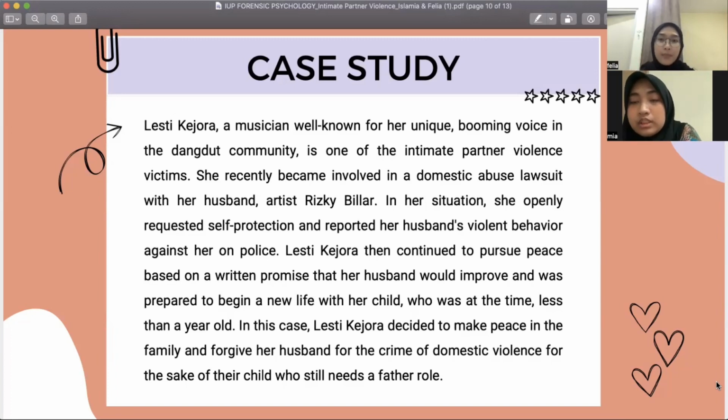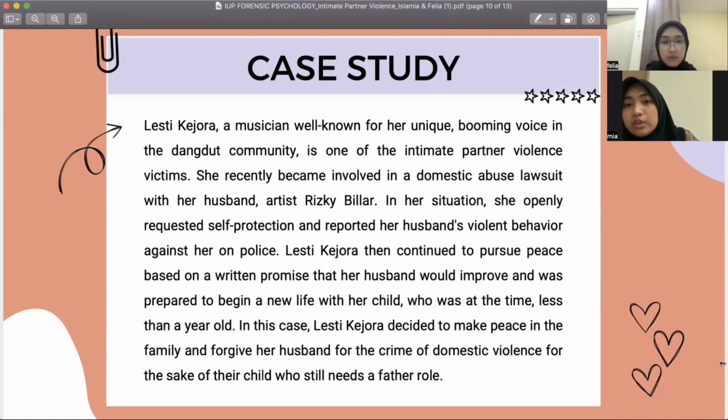In her situation, she openly requested self-protection and reported her husband's violent behavior against her at the police station. Lesti Kejora then continued to pursue peace based on a written promise that her husband would improve and was prepared to begin a new life with her child, who was at the time less than a year old.